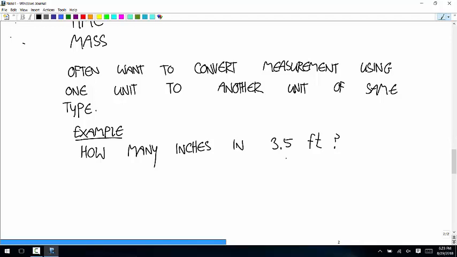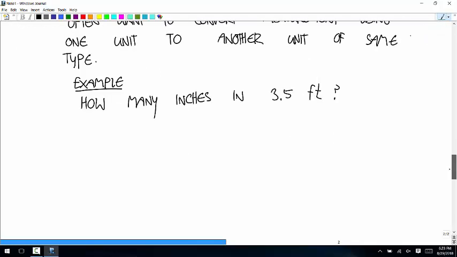And the way we're going to approach this mathematically is we're going to say 12 inches is equal to 1 foot. Okay. And one way to think about that is if you divide something by itself, you always get 1 back. So let's think of 12 inches divided by 1 foot as being equal to 1.